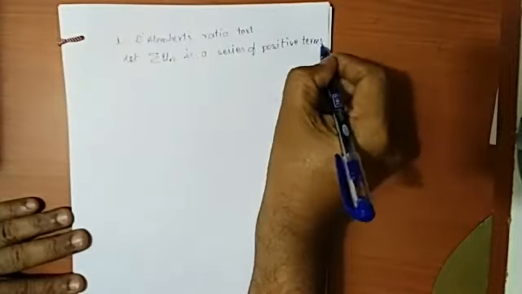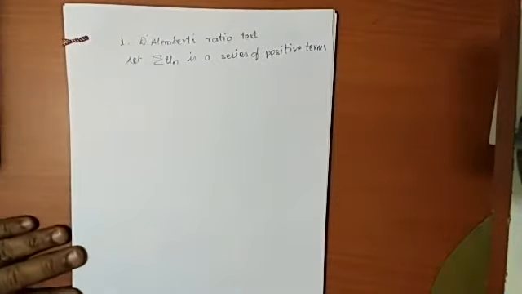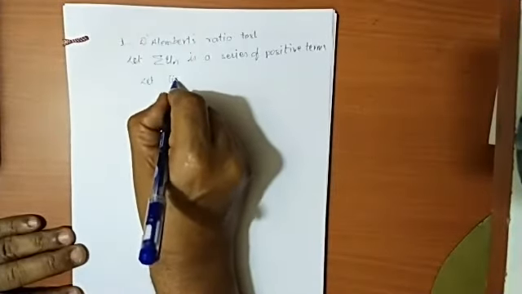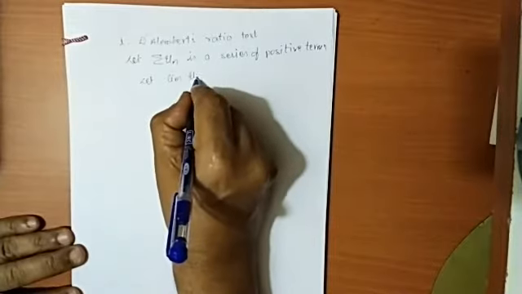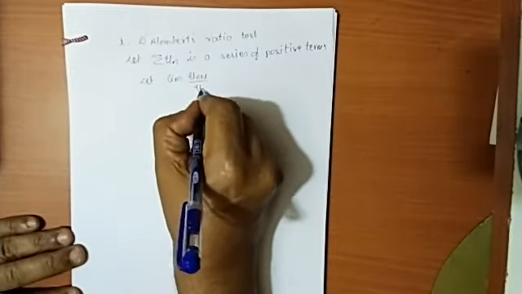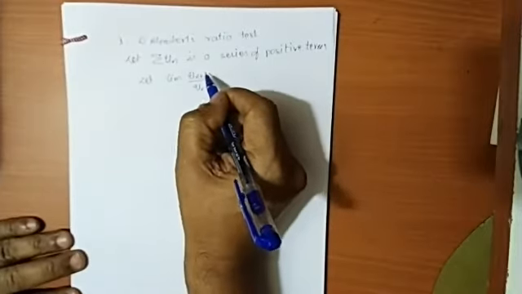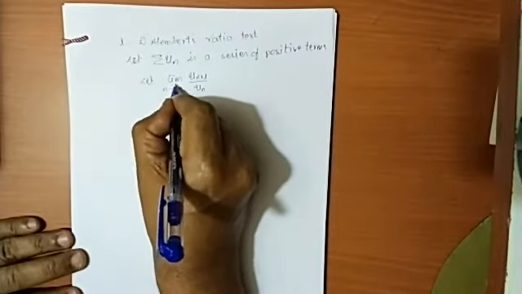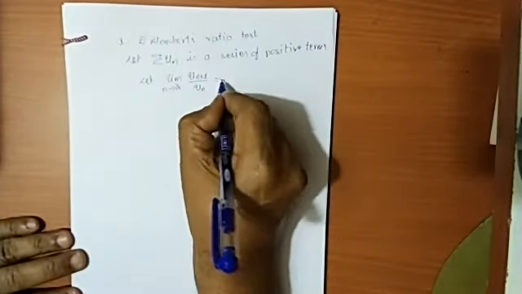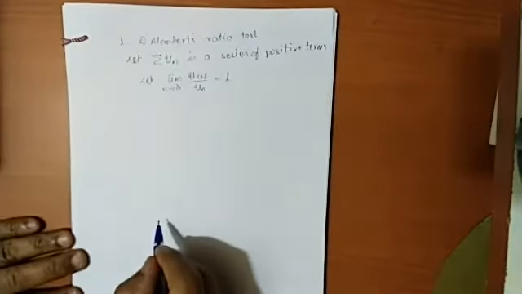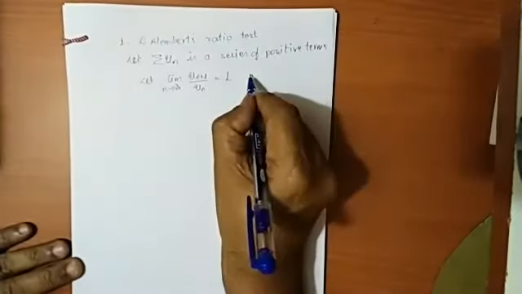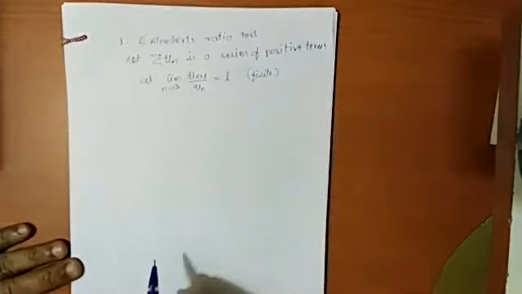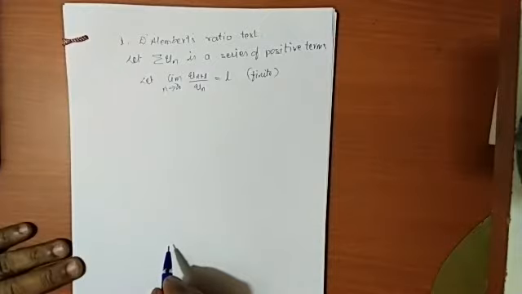Let the limit of un plus 1 over un, that is, the ratio of the n plus first term over the nth term, as n tends to infinity, be equal to L, a finite quantity.